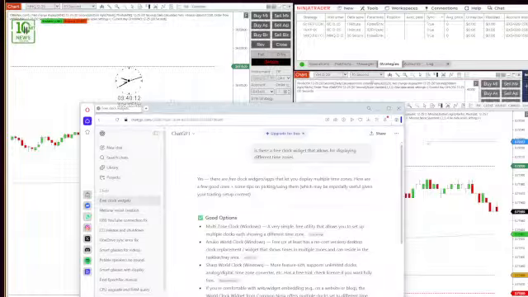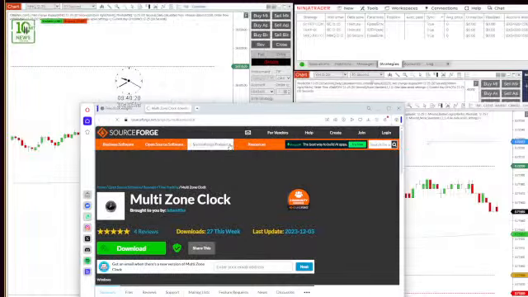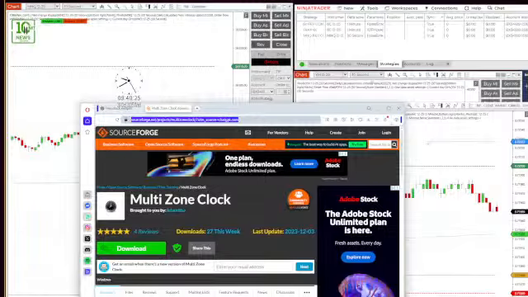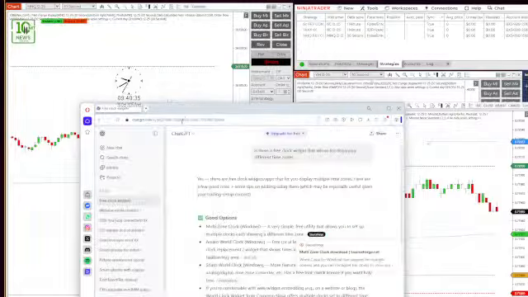Multi-zone clock, a very simple free utility that allows you to set up multiple clocks, each showing a different time zone. So here's one possibility. Obviously, I have not vetted any of these for viruses, malware, anything.